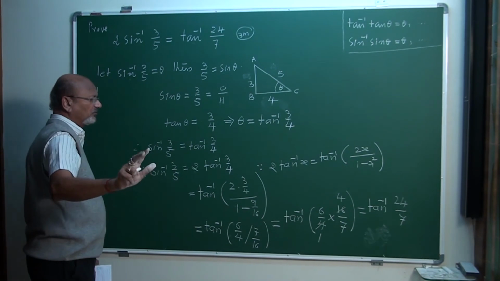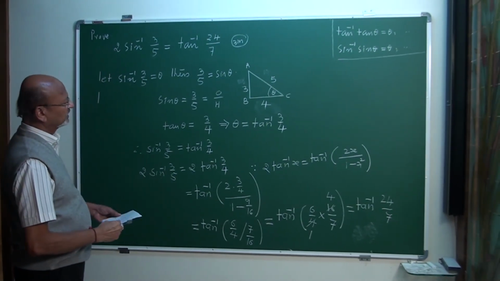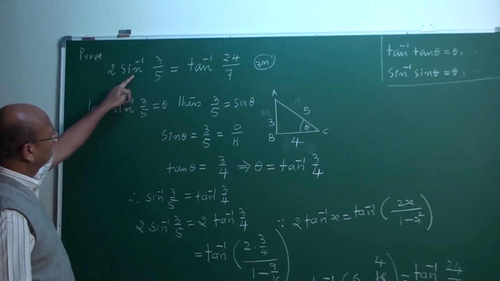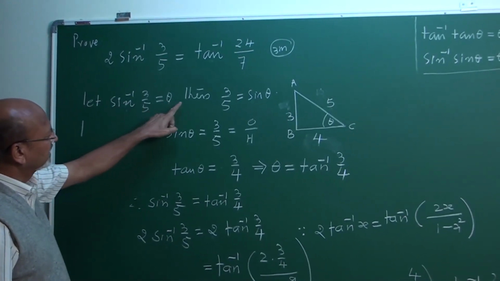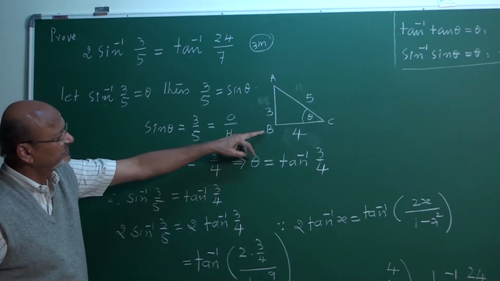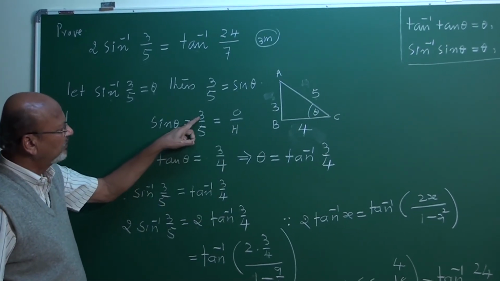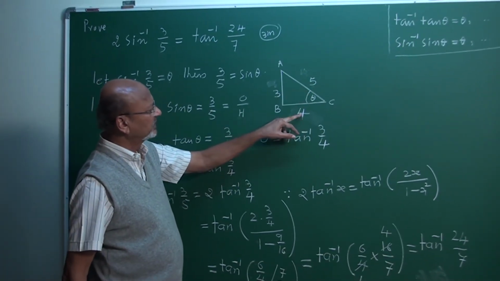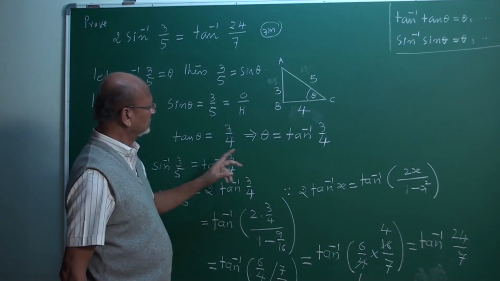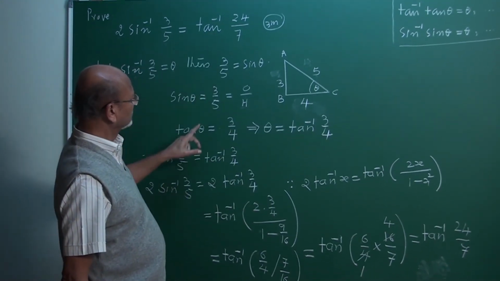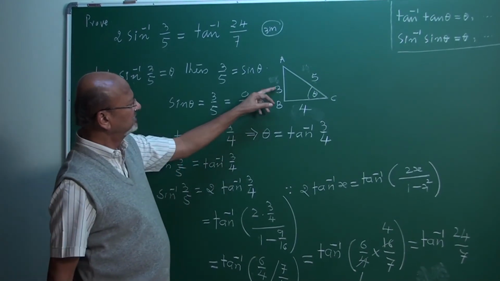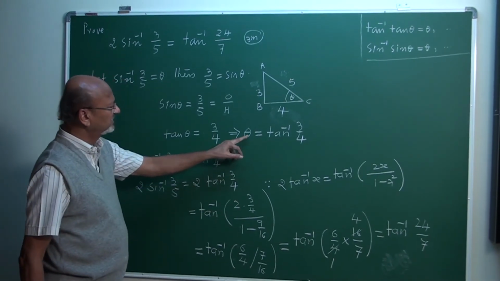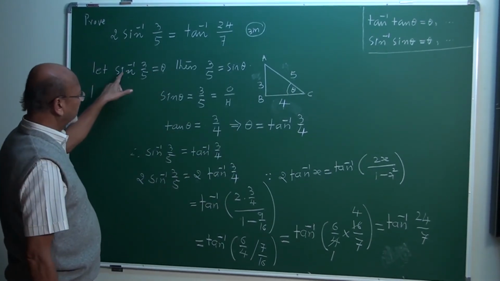My friends, once again I will explain. In this case, take this equal to theta. Find the value of sin theta, 3 by 5. Reference triangle: opposite, hypotenuse, the remaining by Pythagorean numbers. You wanted tan inverse on the right hand side, tan theta, this upon this. Theta is tan inverse of this and theta is sin inverse of this.